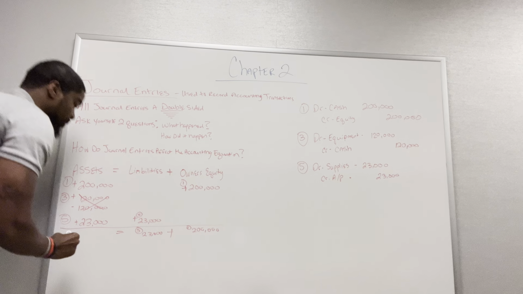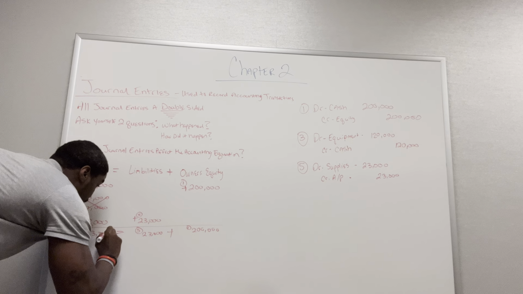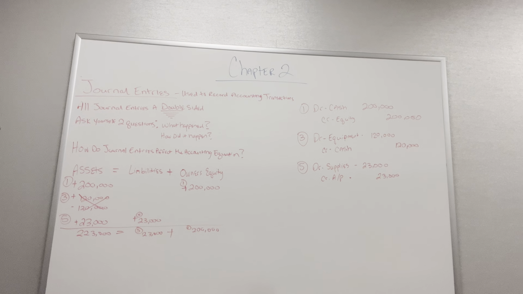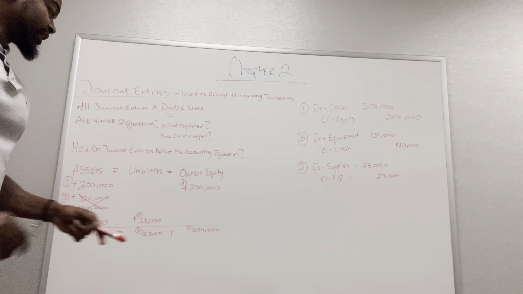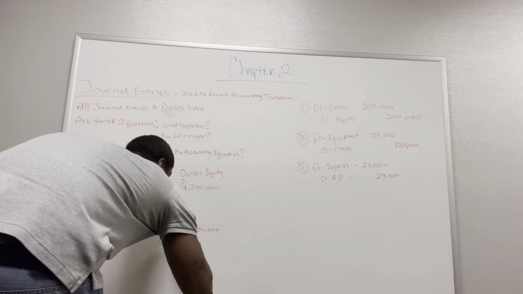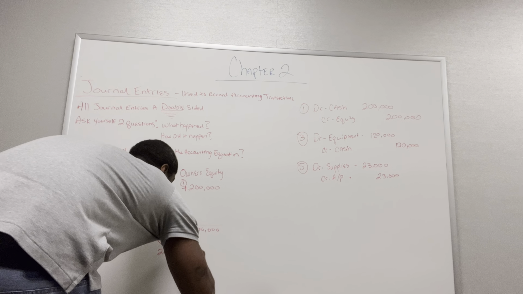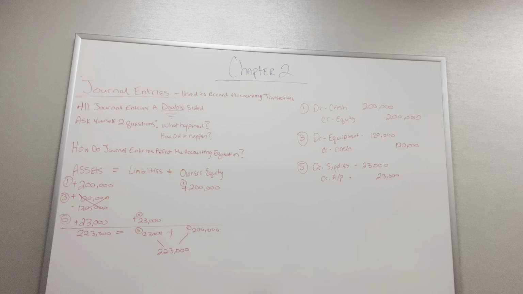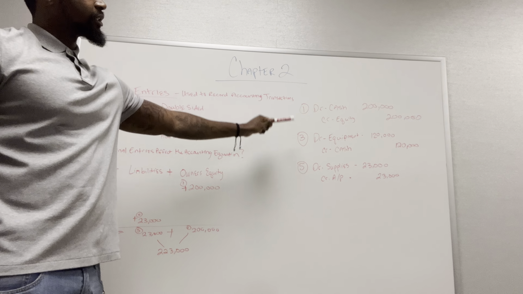So you have 200,000 plus 23,000, which is 223,000 total, which equals here. So this is a really quick way to understand how they affect the accounting equation. You have 223,000 here total for the transactions that we covered, 223,000 here in your owner's equity and liabilities, and they still equal. And then we walk through the journal entries for each one and how the debits and the credits worked.